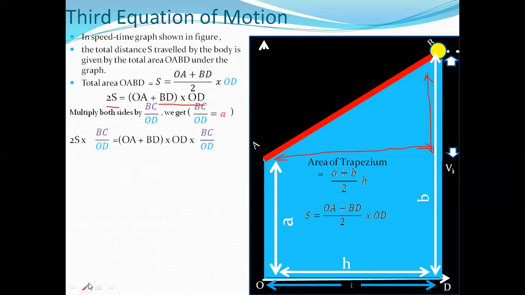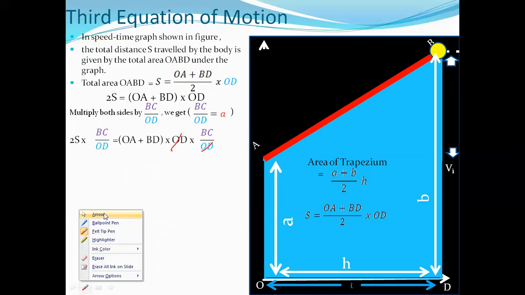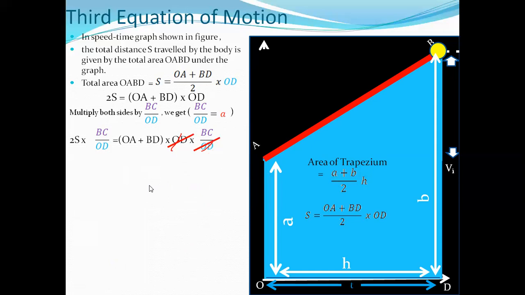Now we have a formula. Now we can cancel out this OD with this OD, and we can get a value after cancelling these ODs. 2S into BC over OD is equal to (OA plus BD) into BC.